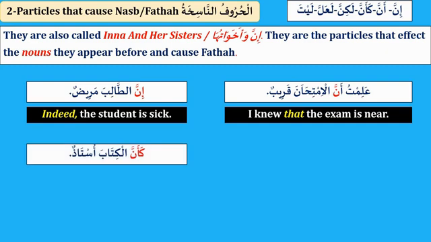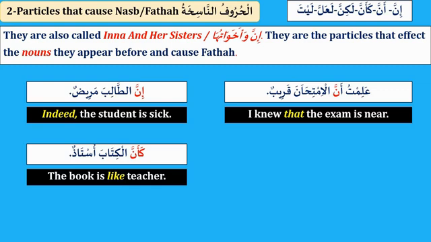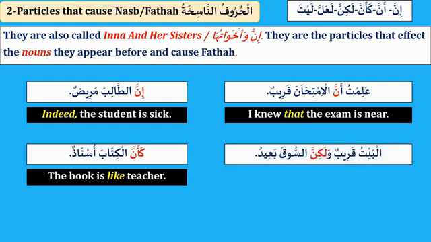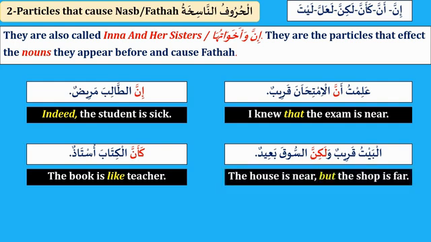Next one. كأن الكتاب أستاذ. The book is like a teacher. كأن, like, as if. Next example. البيت قريب ولكن السوق بعيد. The house is near but the shop is far. لكن, but. السوق, the shop.